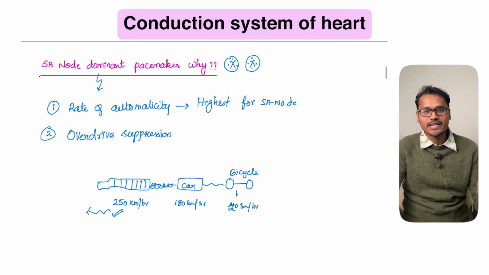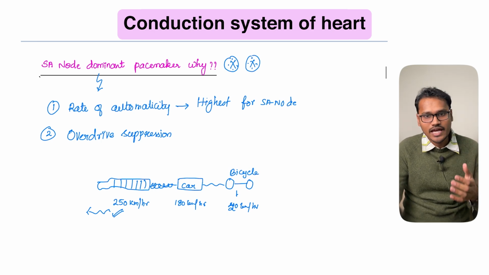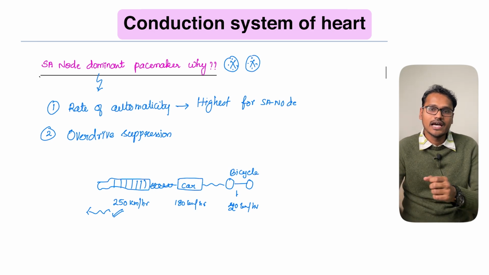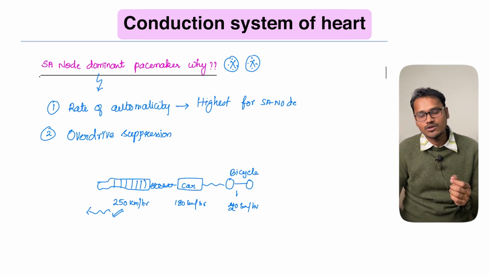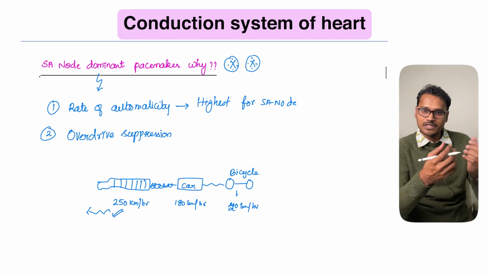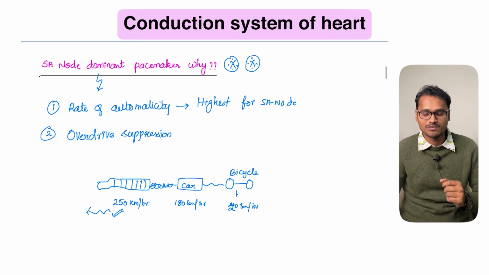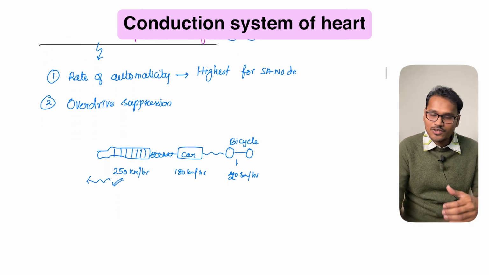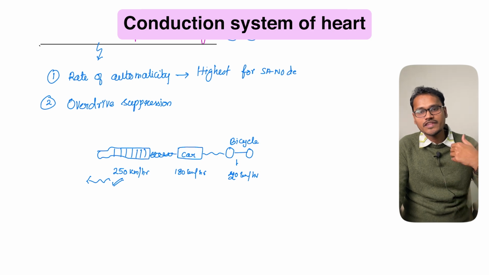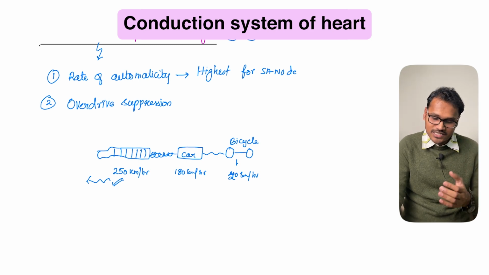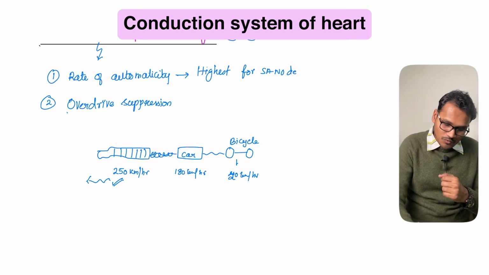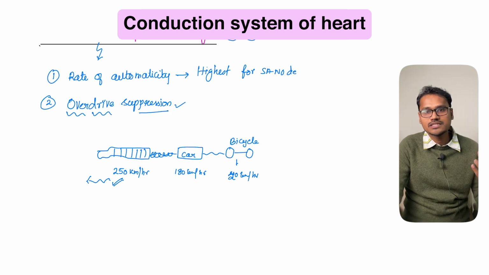If the SA node is firing even before the other nodes, even though they have their potential, before they start to fire, the SA node's impulse will come again, and their only role in a normal chain of reaction will be to get the impulse from the SA node and transmit it to the next. This kind of suppressive activity, because of the increased speed of the SA node, is called overdrive suppression. Because of its high impulse rate, the SA node is able to suppress the other nodes.